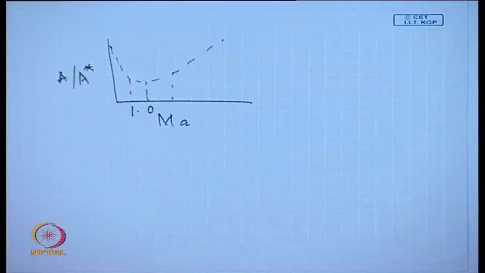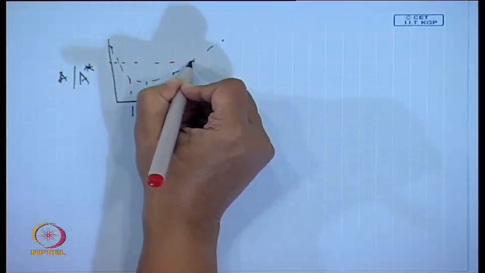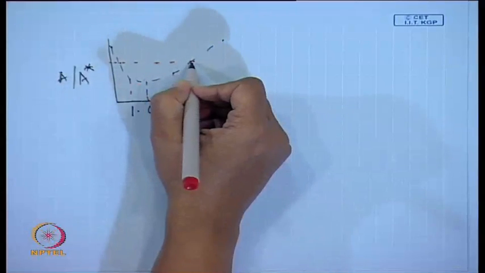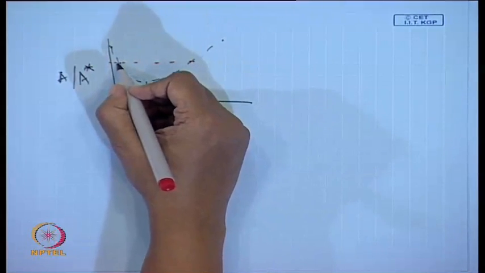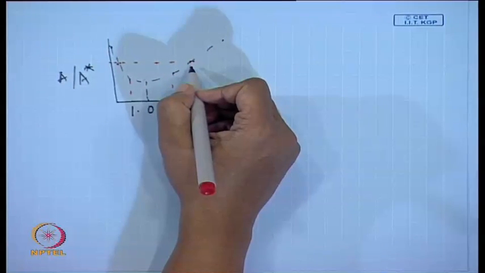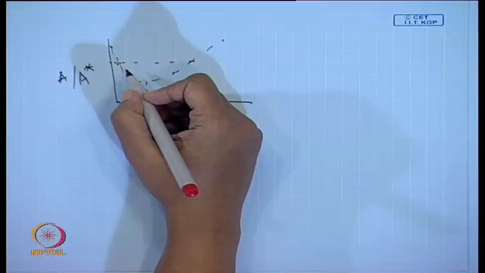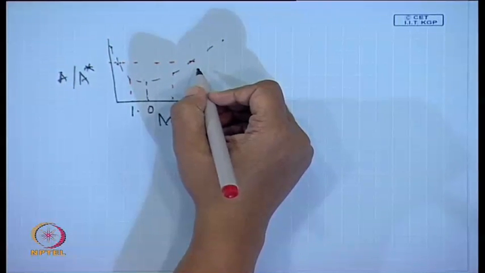But corresponding to any A by A star, we get two values of Mach number. One is less than 1 and one is greater than 1, taking into account the existence of subsonic nozzles and supersonic nozzles. Okay.